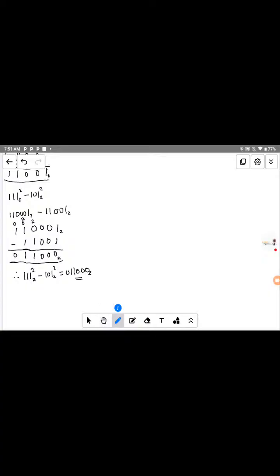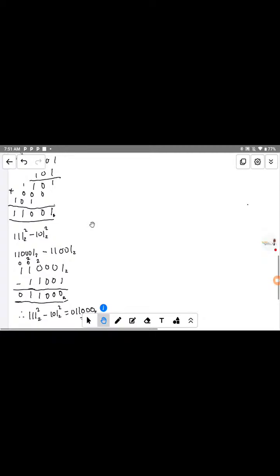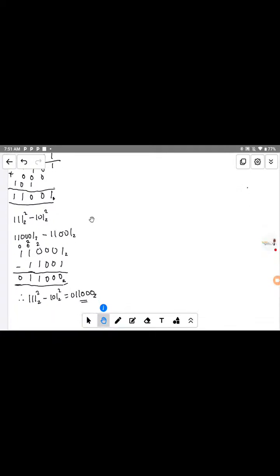If you don't want to go through all this long story, but if this question is theory, you have to show it like this. That is the reason why I have to solve it for you like this.